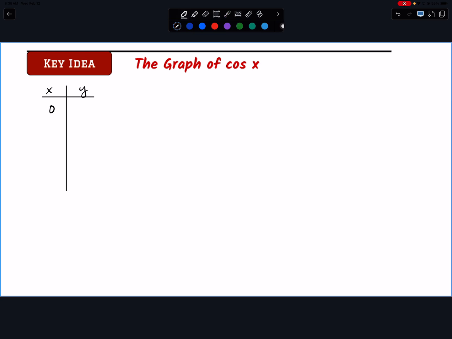Just using your knowledge, because you just quizzed on this yesterday, right? What is the cosine of 0? 1. Okay, what is the next nice x value I should pick if I don't want any decimals or fractions for my y?